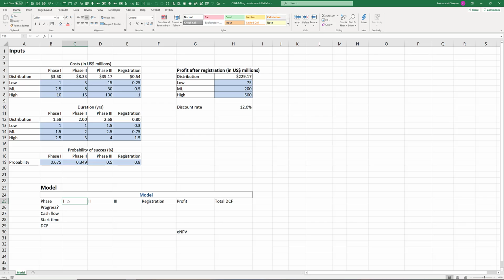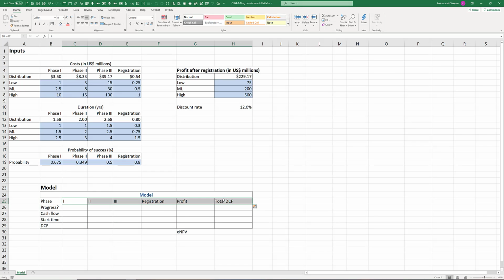Now these are phase 1 through registration, and then we have profit and total discounted cash flow. So we're going to model this. Okay. So progress here is whether we're going to succeed in the phase or not.